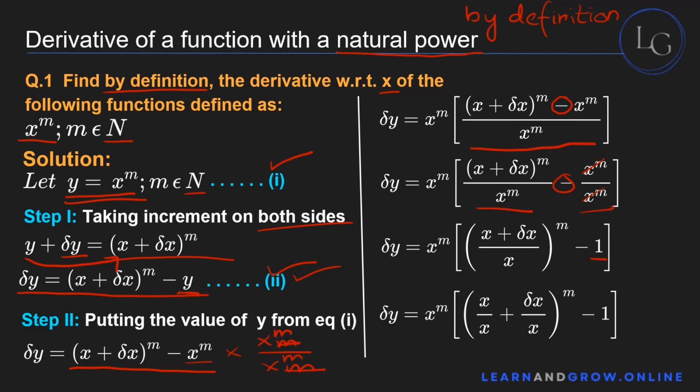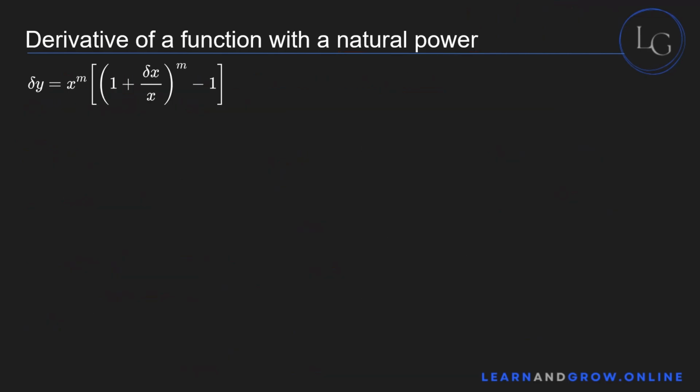And now you'll separate these two terms further into x to the power m plus delta x to the power m, and x to the power m becomes this 1.